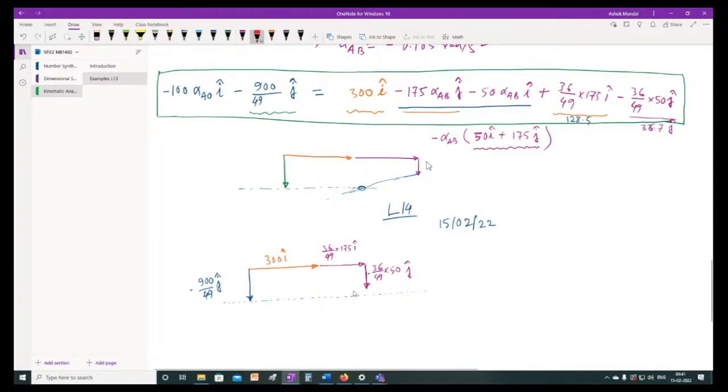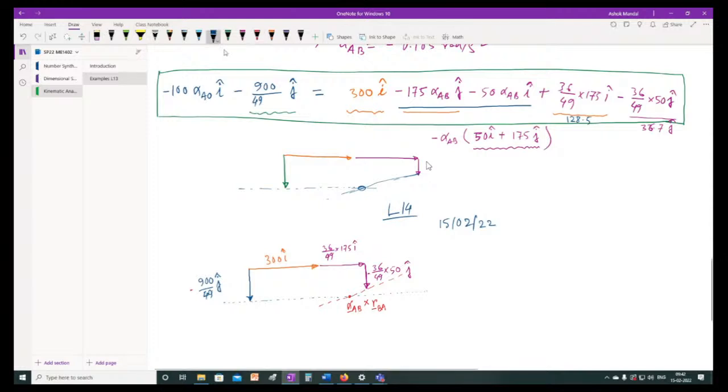So I'm using this red line and we draw a line which is perpendicular to the coupler. From this point, we have drawn this new line, which is alpha AB cross multiplied with RBA. Okay, and they intersect at this point.